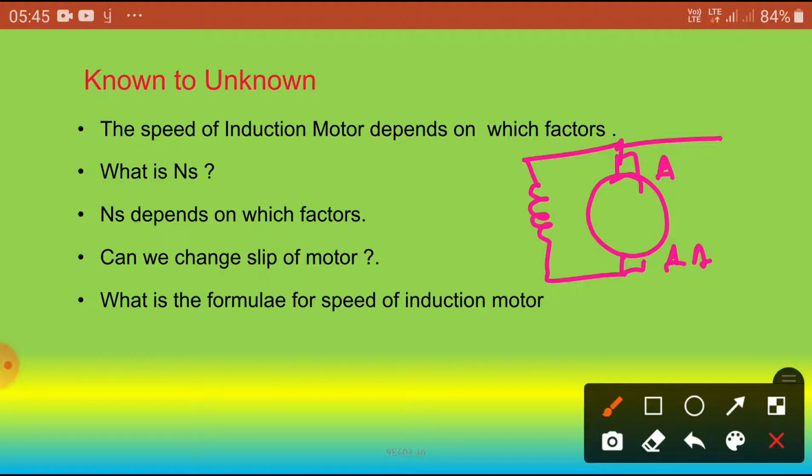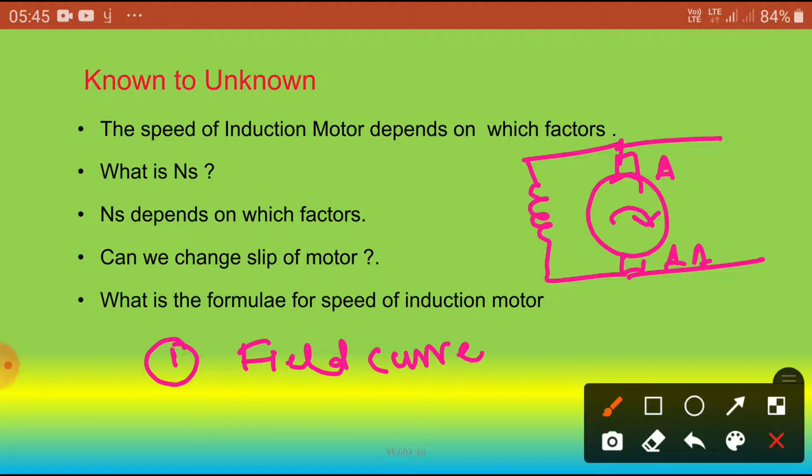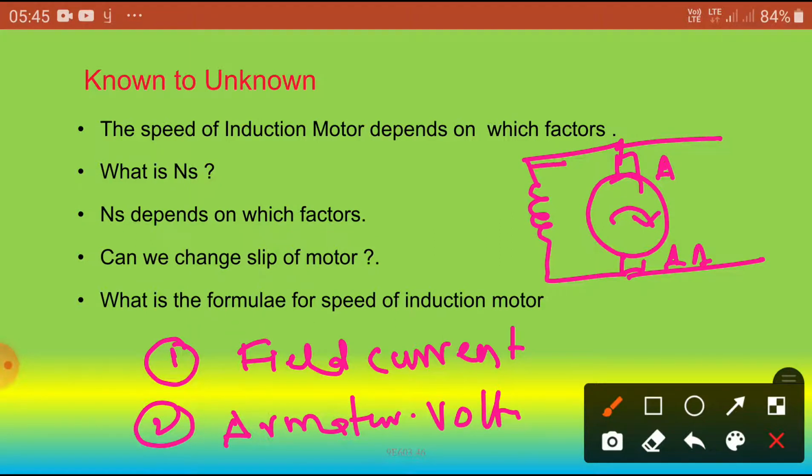We saw speed control of the shunt motor with two methods: one is the field current control method, and the other is the armature voltage method. If you change the current by using the rheostat, the flux will change, so automatically the speed will change. We have already seen the formula.